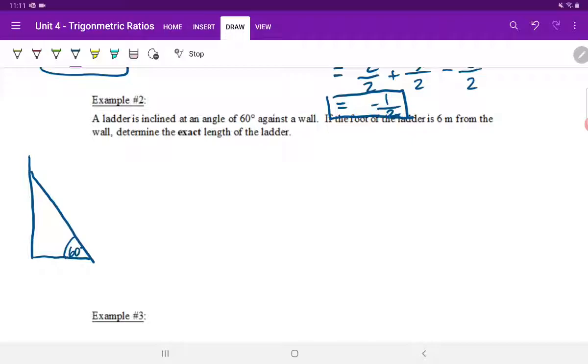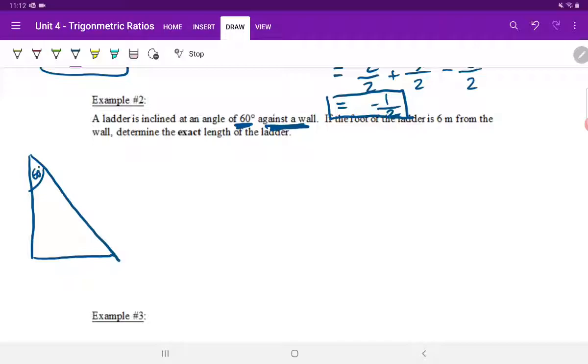Okay, if the foot of the ladder is 6 meters from the wall, and I suppose you can interpret this question two different ways. Is the 60 here, or is the 60 here? If it says a ladder is inclined at an angle of 60 degrees against a wall, I think maybe it's best if we assume that the 60 degrees is this right here.